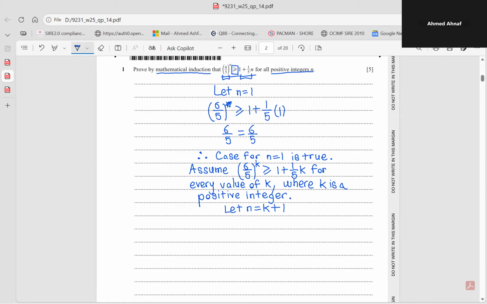Usually we use the letter K. And finally, and the main part is you let n equals to k plus 1, and you try to make it in this general form. So this n, you replace it with k plus 1. Same for this n, you also replace it with bracket k plus 1. You have to manipulate your way into that. So that's the three-step process for any mathematical induction question.